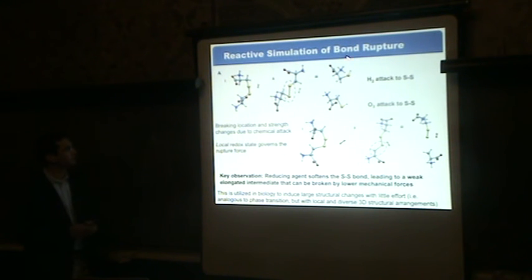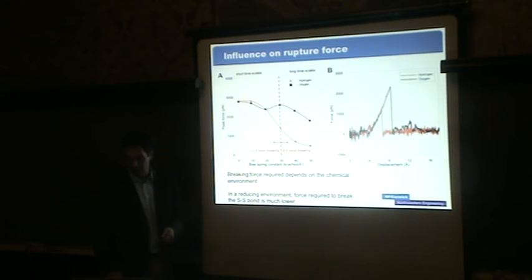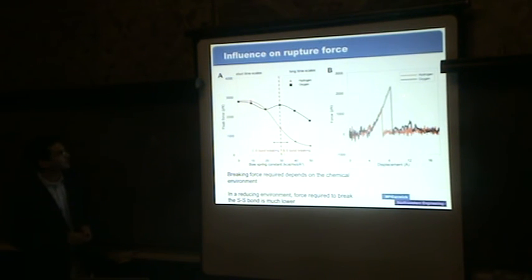In the cases where you don't want the bond to break, there are other strategies, which I'm going to talk about next. But the key idea here is that by changing the chemical environment, you can change the force you need to break these covalent bonds. You can also think of the energy required to break the bond as a function of chemical environment.